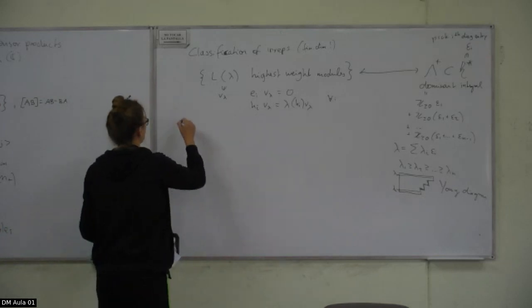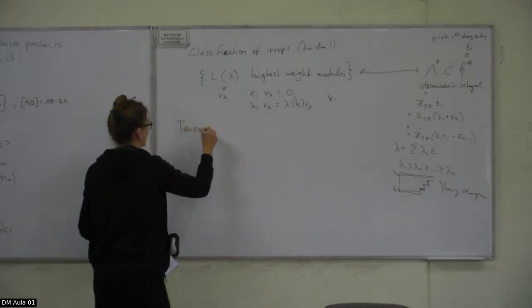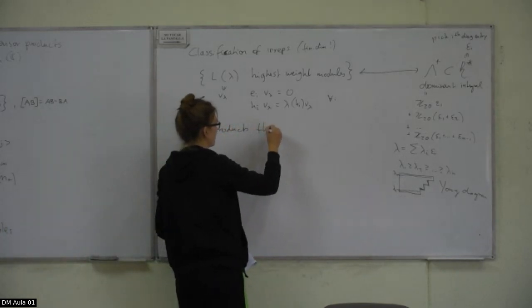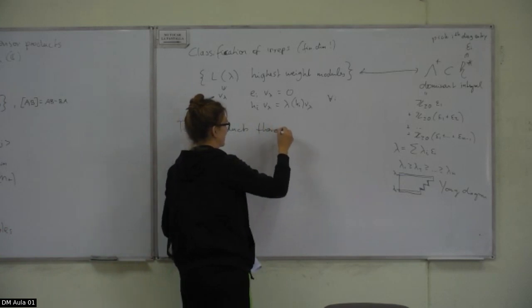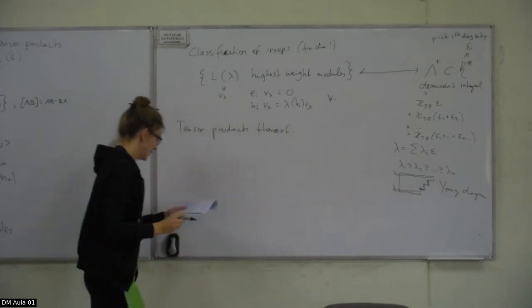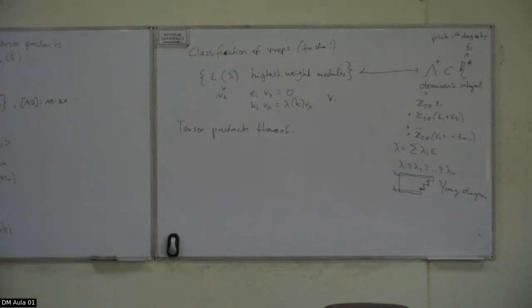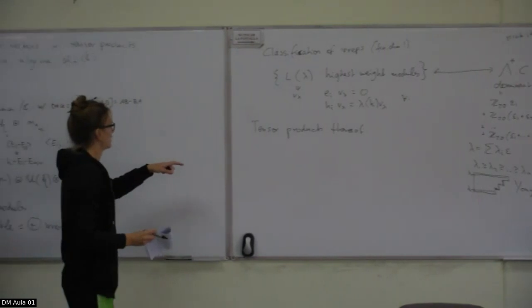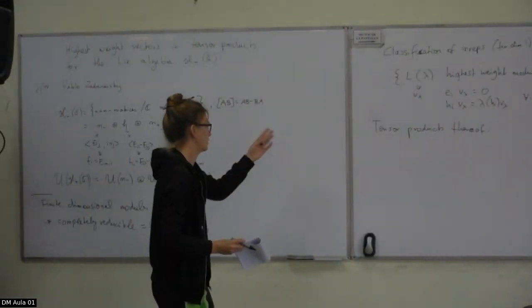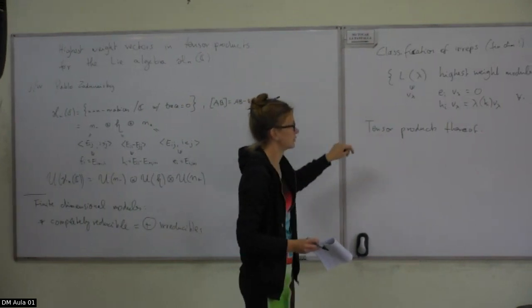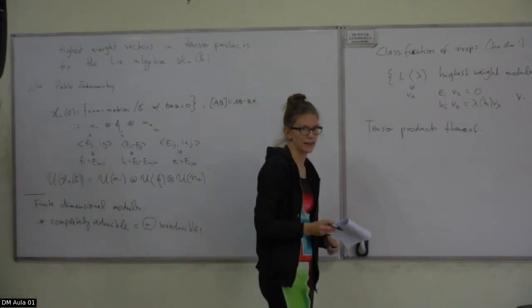And now, tensor products. Since the universal enveloping algebra is an algebra with co-products, we can have some new action on a tensor product of two such modules that's induced from the old actions that we had already.